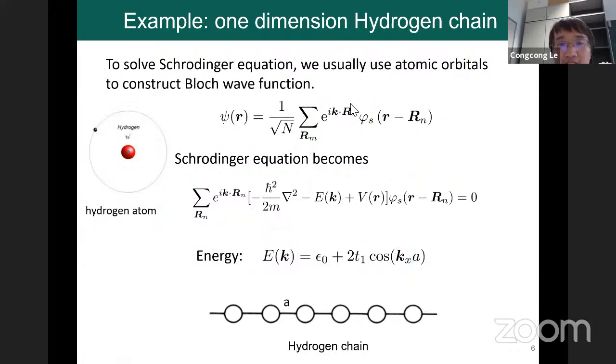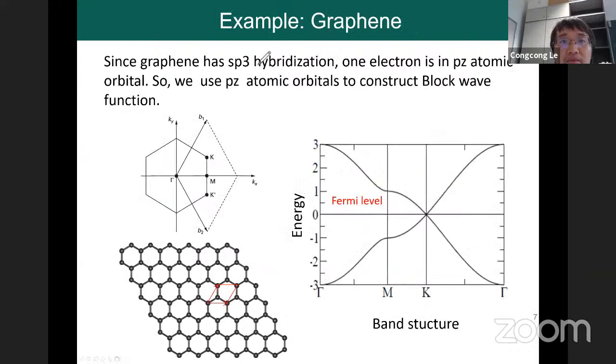The last example I give is graphite. Because graphite has sp2 hybridization, there is only one electron in the pz atomic orbitals. So we can use the pz atomic orbitals to construct Bloch wave functions.